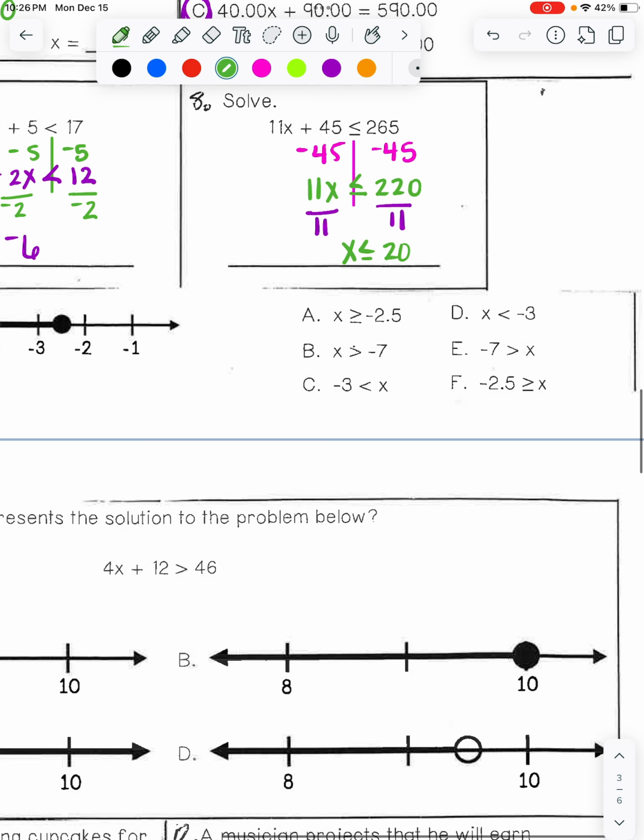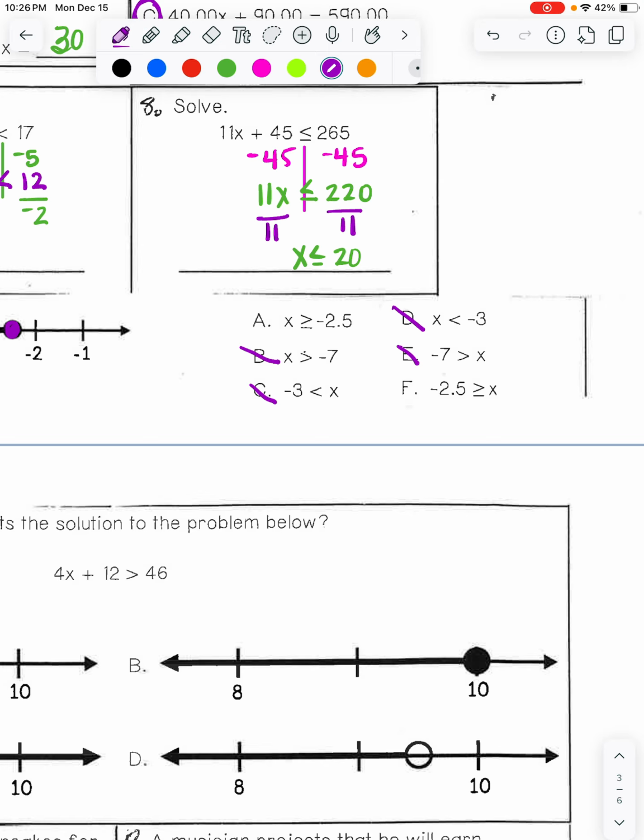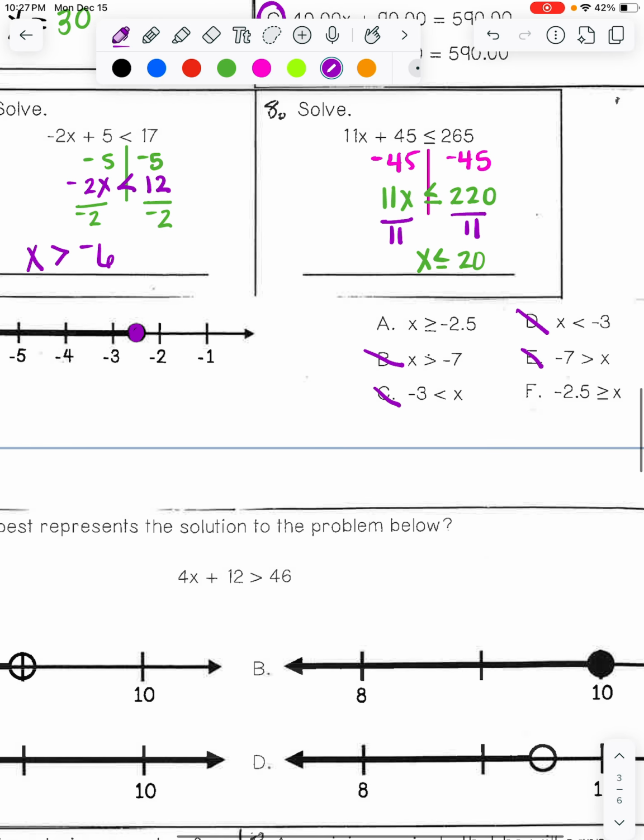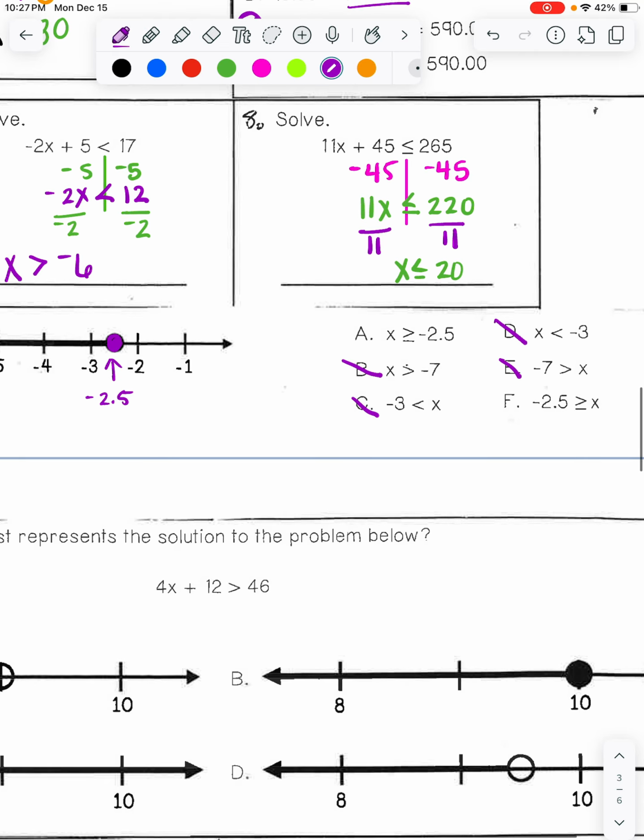The fact that it's a closed circle automatically eliminates B, C, E, and D, simply because those are just greater thans or less thans. With the closed circle, it has to have an equal to underneath it, so that means it's either A or F. I can also see that it is between -2 and -3, so that would definitely be -2.5, which tracks because that's the only number for A and F.